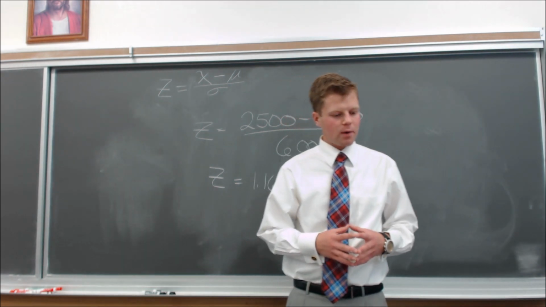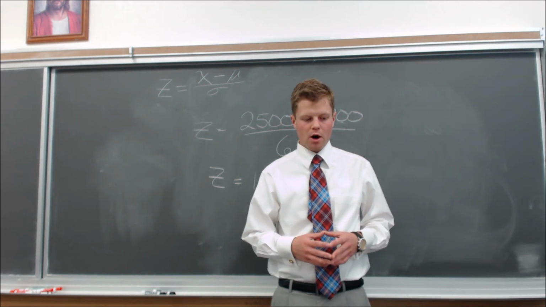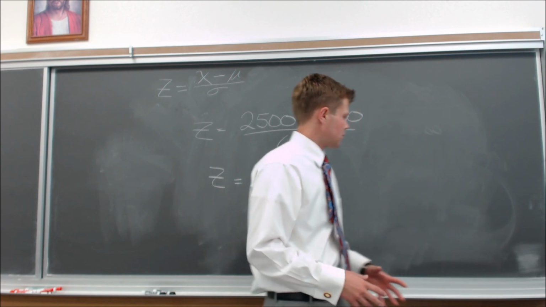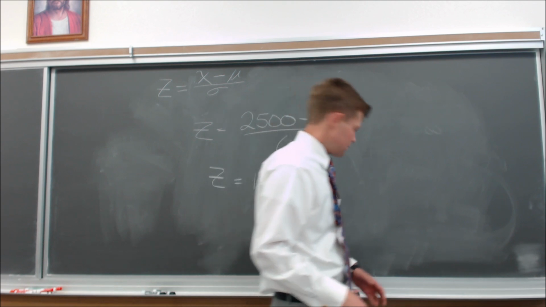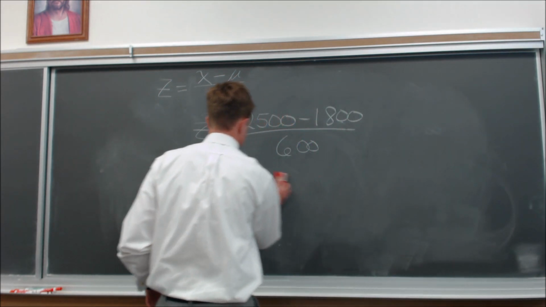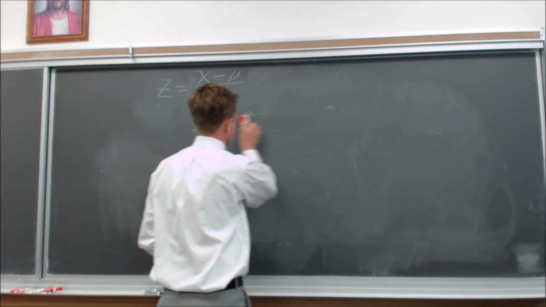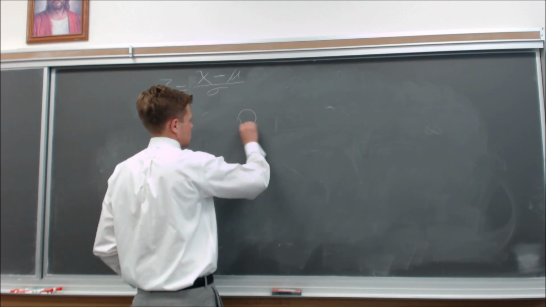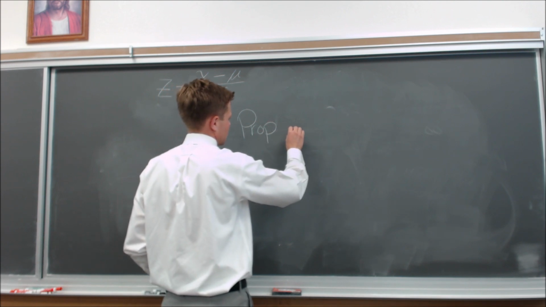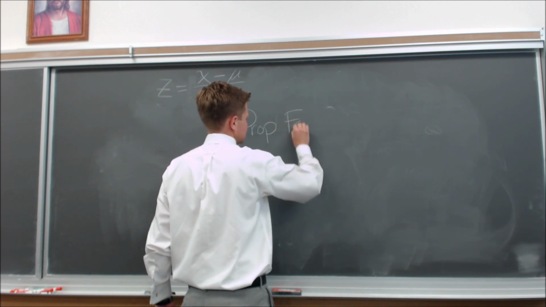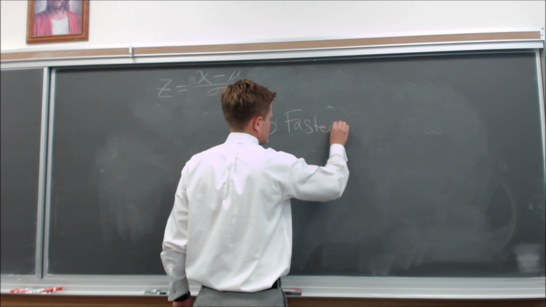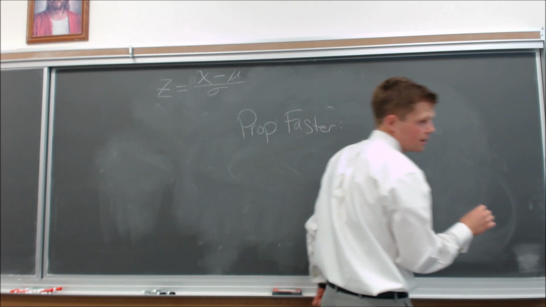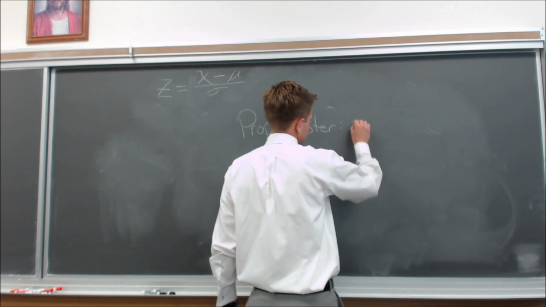Question C. What is the probability that a randomly selected particle has a speed that is less than 2,500 meters per second? Okay, so our probability that it was faster from the last question was 0.1216.